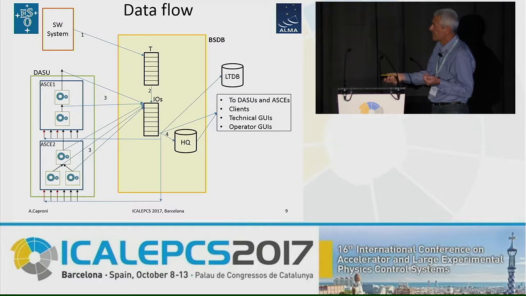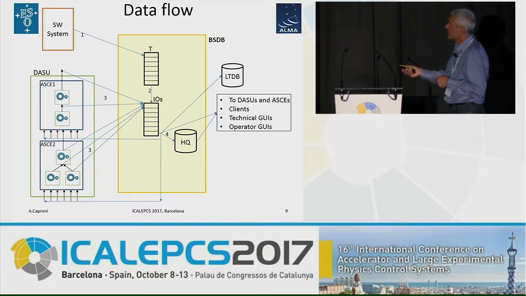These values are then routed to the computing elements and the DASU. And the output of the DASU goes in the same queue. So basically, the data structure is used for both cases, the monitor points taken from the monitored system and those produced by our alarm system.